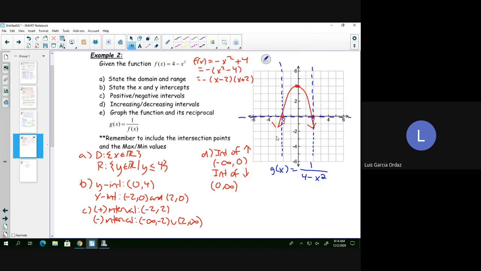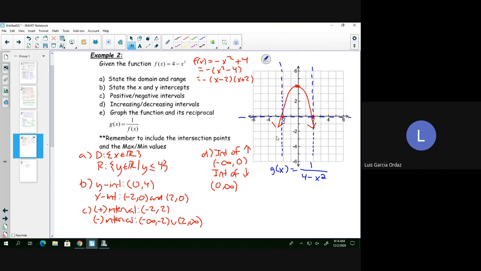Now the quadratic ones are a bit more difficult to draw, depending on if it's a downward opening parabola at the beginning or at the end. So if our y-intercept for f of x was 4, what would it be for g of x, the reciprocal?